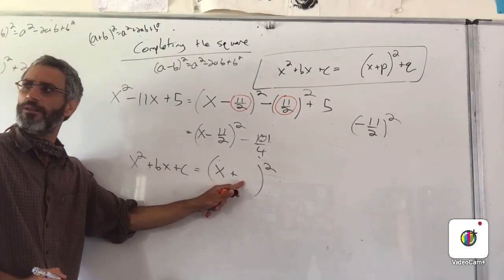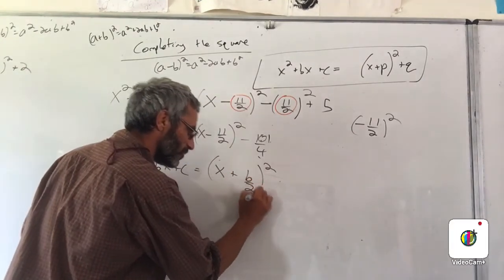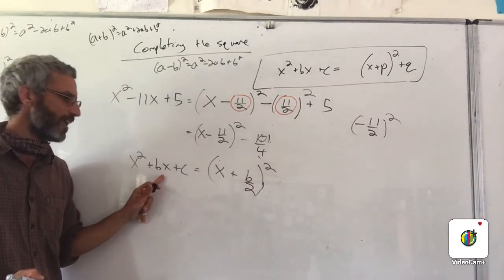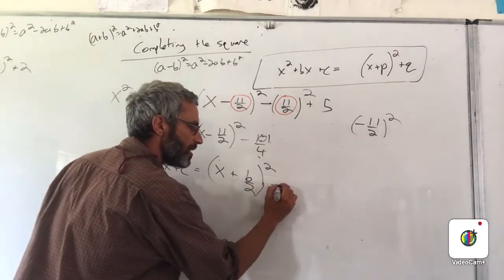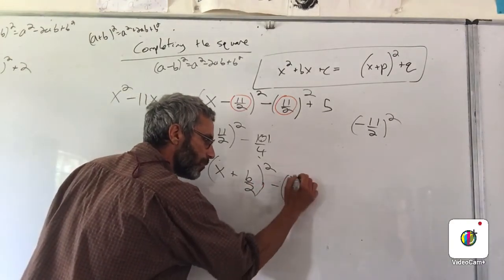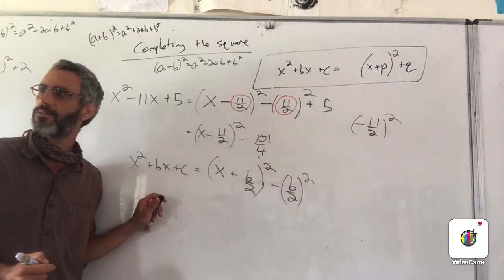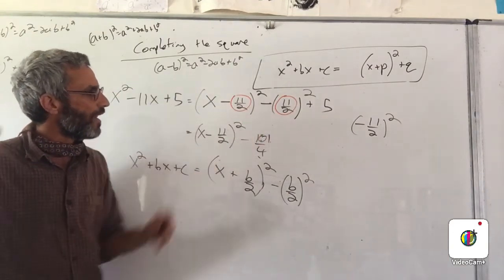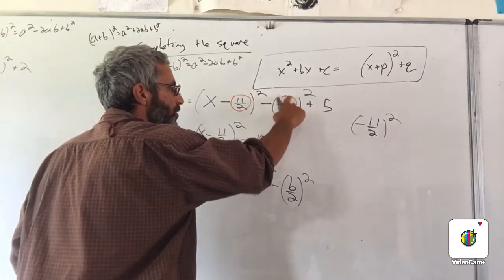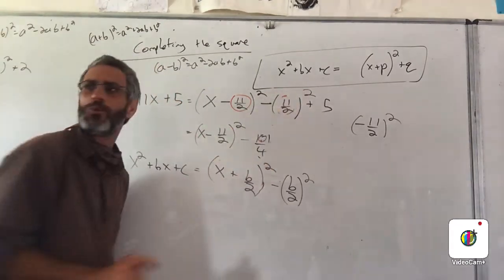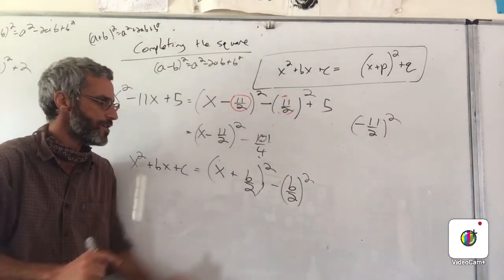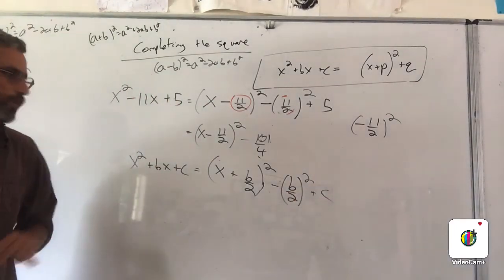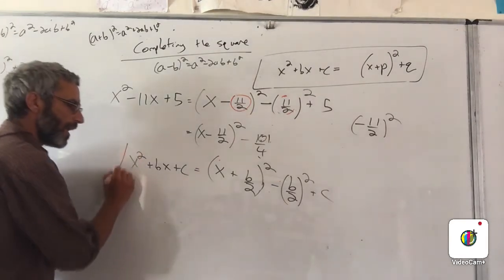B over 2. So whatever b is, halve it. It's the coefficient of the x. Then I must put brackets, otherwise I would only square the 11. I need to square the whole thing. And then plus c. So that's your formula.